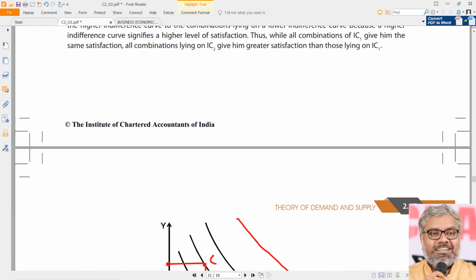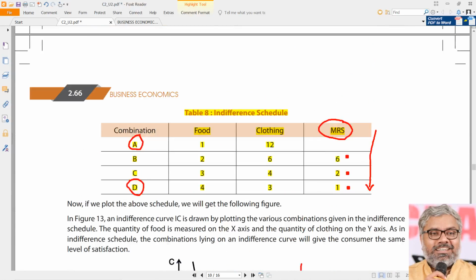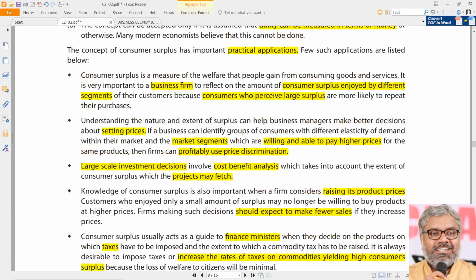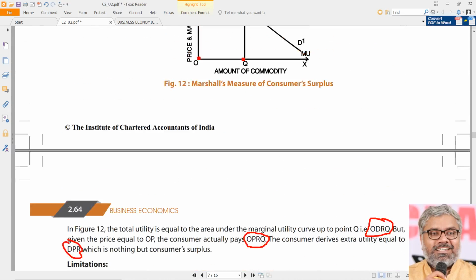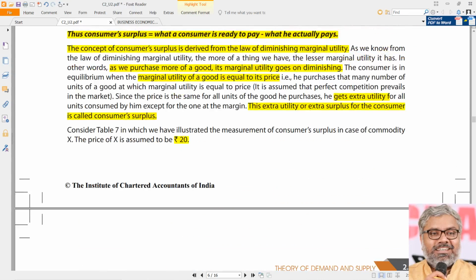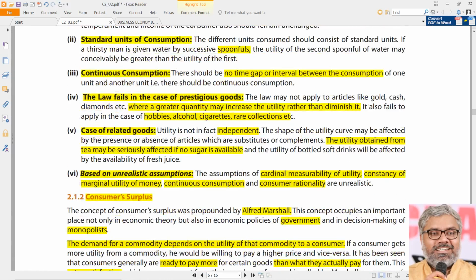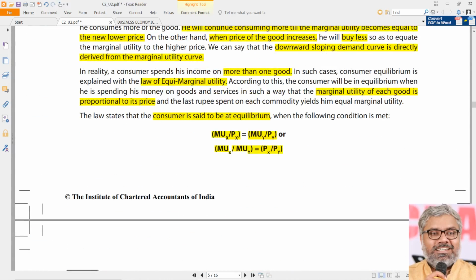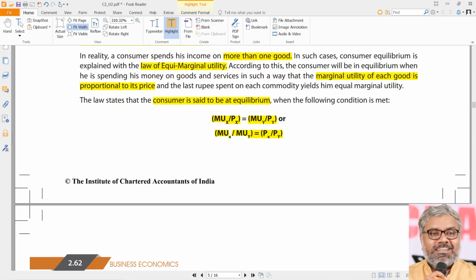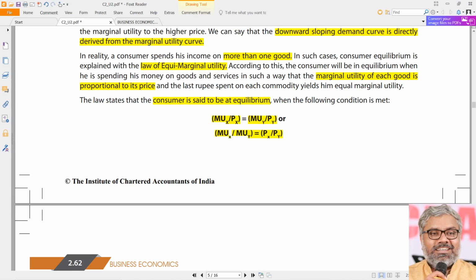This is not anything new. Even from the earlier point of view, with the marginal utility analysis also, the consumer's equilibrium was more or less in the same area, where MUx divided by MUy is equal to Px divided by Py. You should have remembered that.